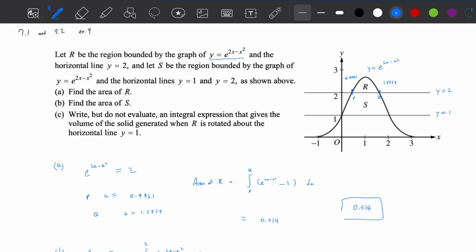Moving on to part C, we need to set up the integral for the volume of the solid generated when region R is rotated about the horizontal line y equals 1, but we do not need to evaluate it. Since we are rotating a region bounded by two functions around the horizontal axis, we will use the washer method.